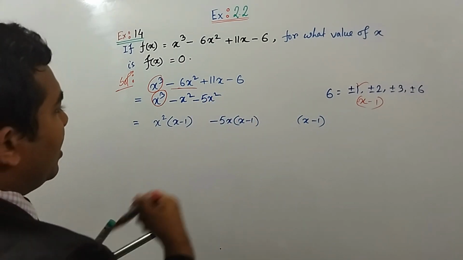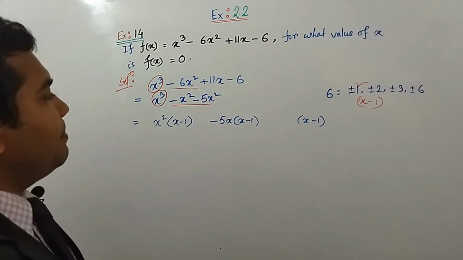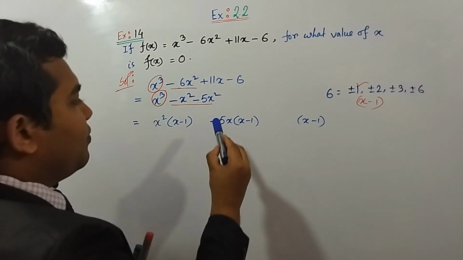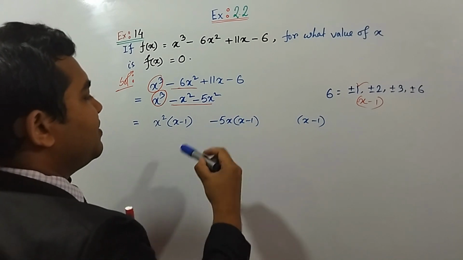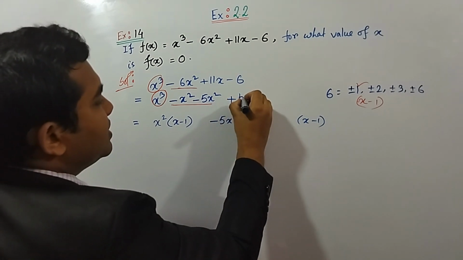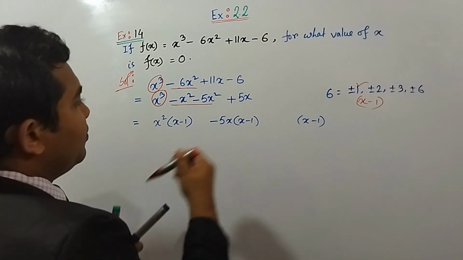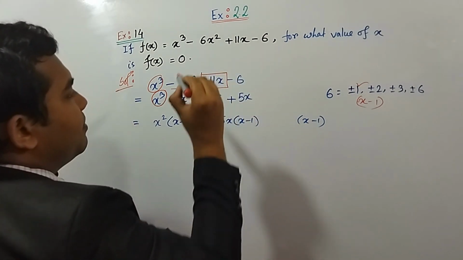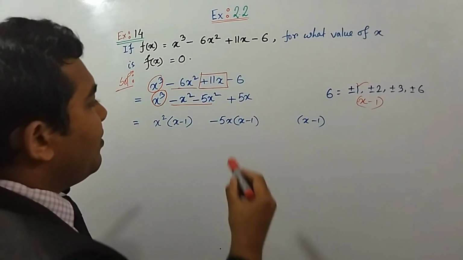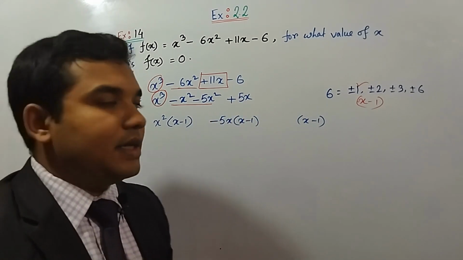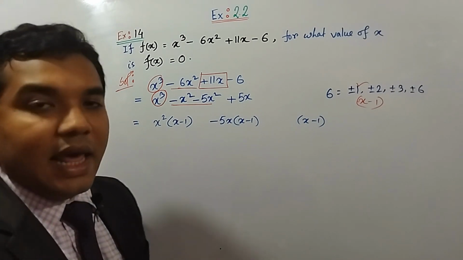Okay, so what happened here? This part and this part are matched. So minus 5x into minus 1, minus times minus is plus, so it will be plus 5x. Now we focus on plus 11x. We already have plus 5x, so what is needed to get 11x?